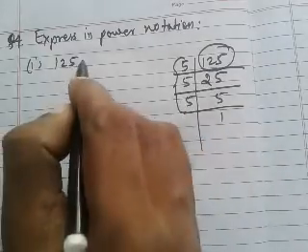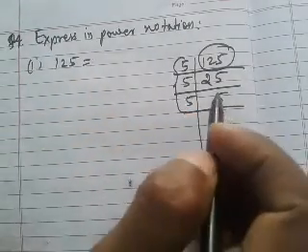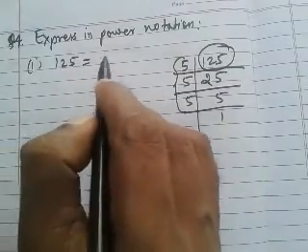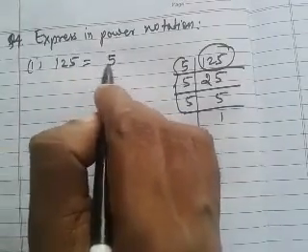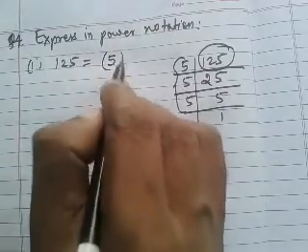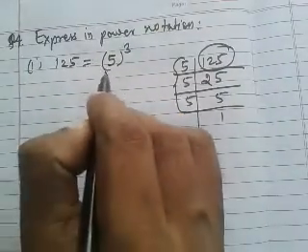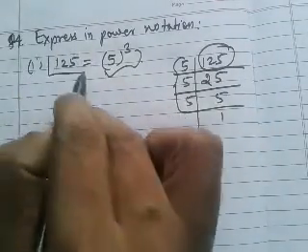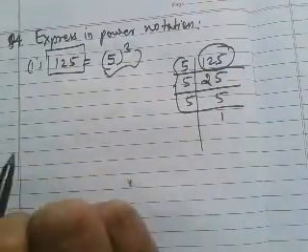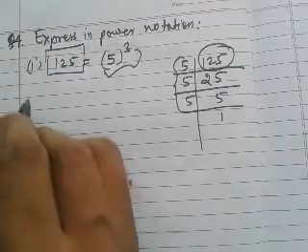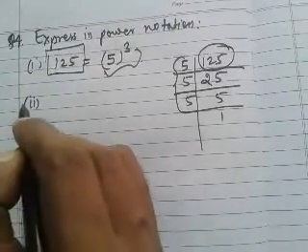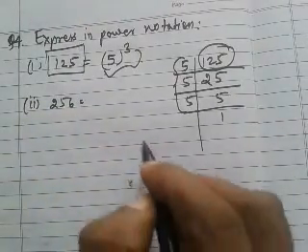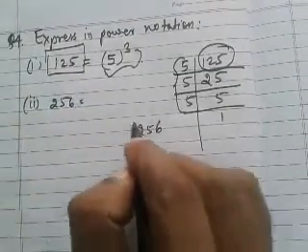So 5 is repeated how many times? 3 times. So 125 we can write as 5 raised to the power 3. This is called the power notation or power form of the given value 125, and so on. Question number 2, we can do it. 256: first of all factorize this term.